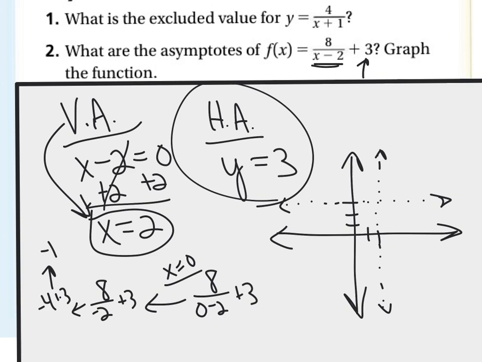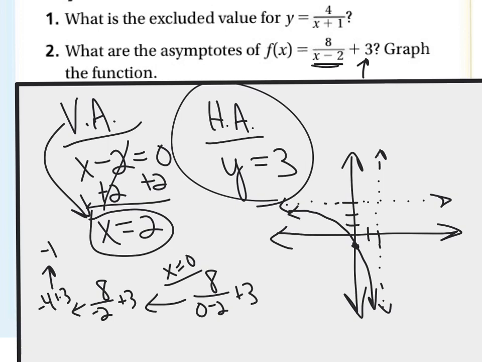So we're at 0, negative 1, which is going to be over here somewhere. And so what that tells me is that the graph is going to be, just to do a rough sketch, over here somehow.